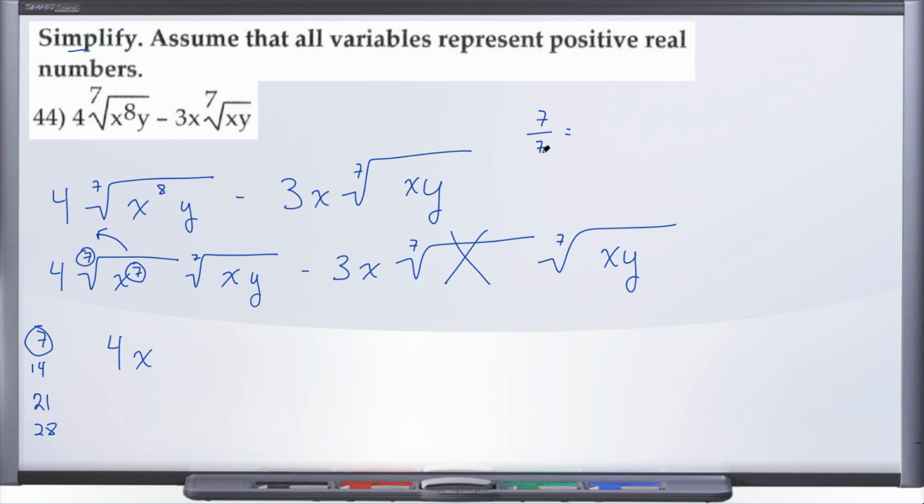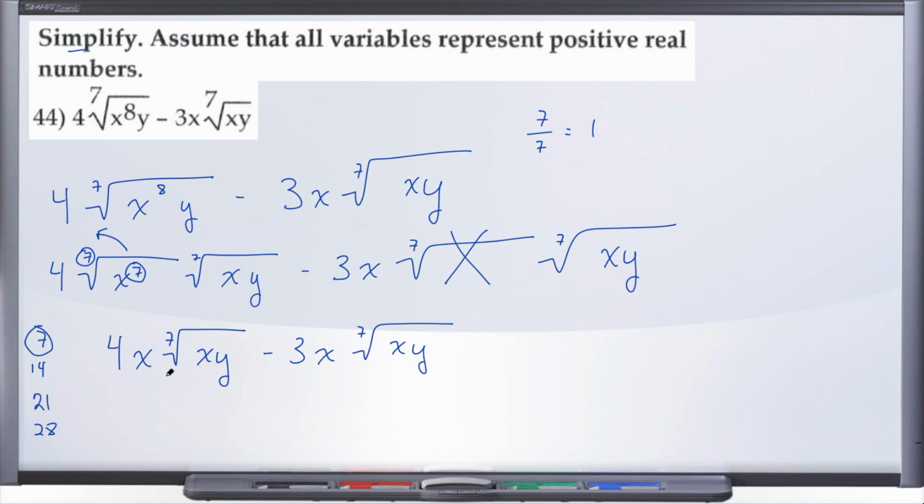So we end up with 7 divided by 7, which is 1. So when this x to the 7th comes out of the 7th root, it comes out as a single x to the 1st. And then we're going to go ahead and rewrite the bad stuff radical. And then minus 3x. There was no good stuff to come out, so we simply rewrite the bad stuff radical.